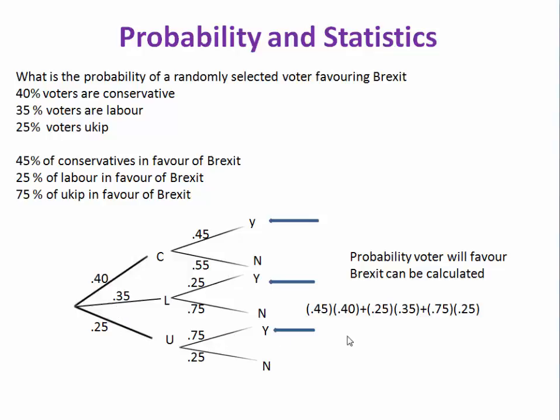So this would be 0.45 multiplied by 0.4 plus 0.25 multiplied by 0.35 plus 0.75 multiplied by 0.25. And that's the probability that the voter we've chosen at random will favour Brexit.